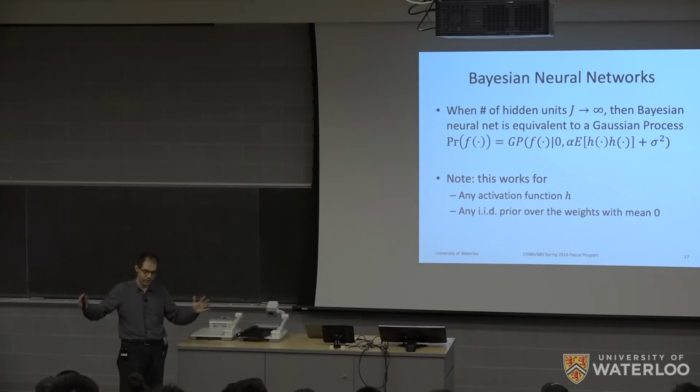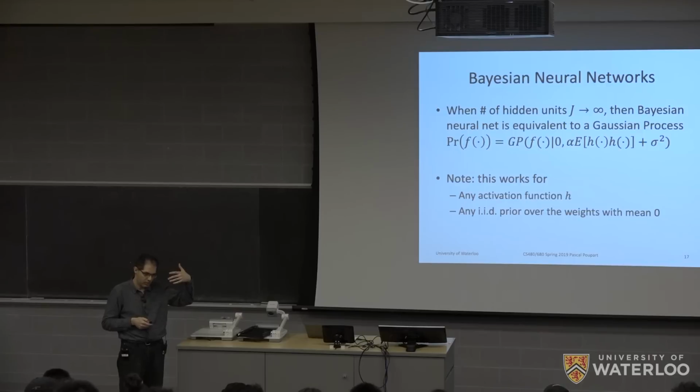So therefore, my infinite sum of random variables is going to have a Gaussian distribution. And that's how it becomes a Gaussian process.